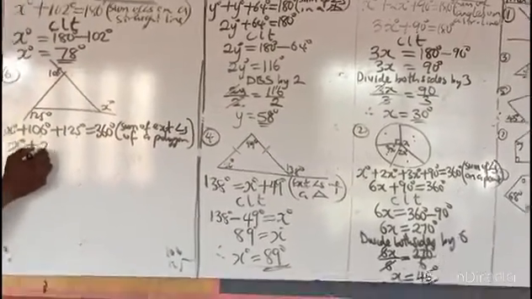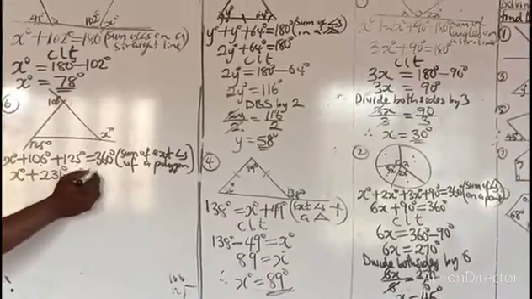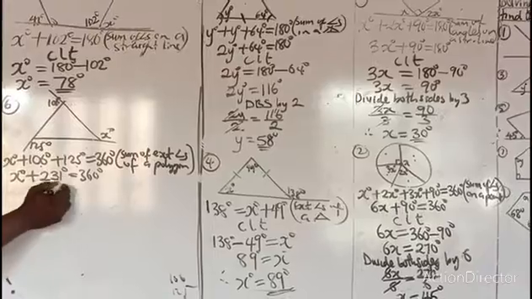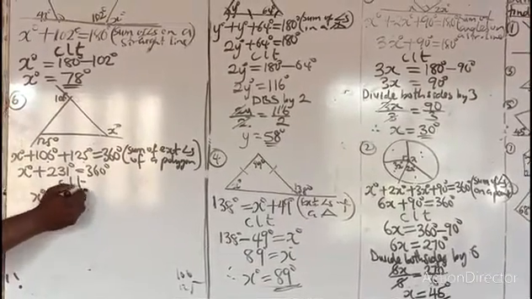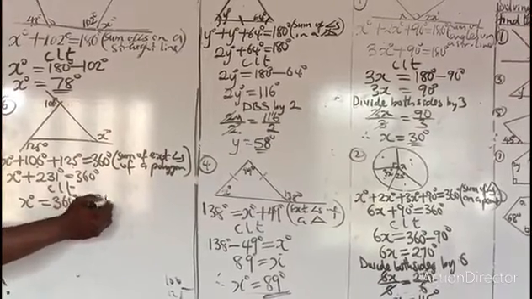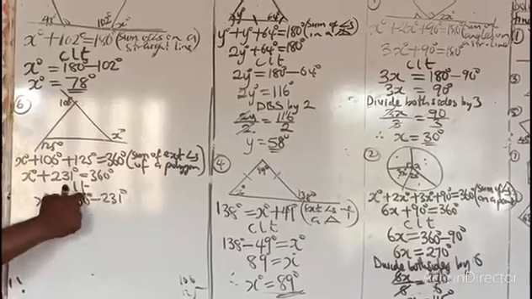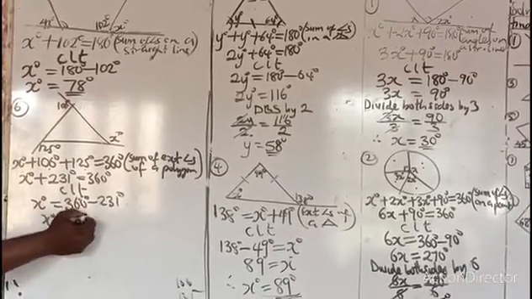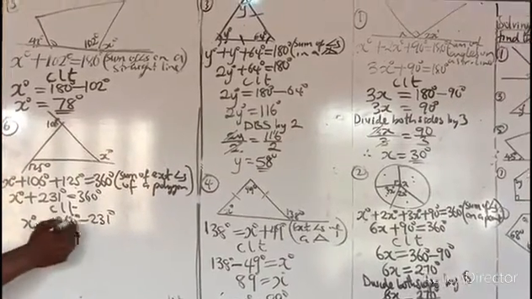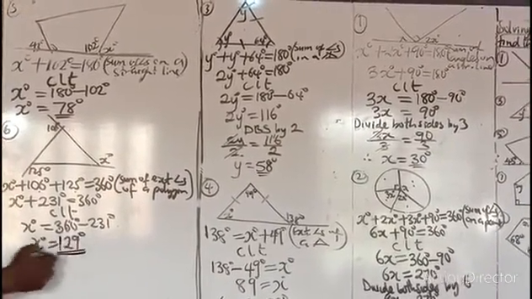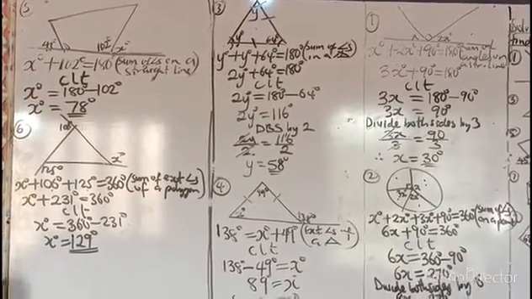You get 231 degree equals to 360 degree. So X degree equals to 360 degree minus 231 degree. 10 minus 1 is 9. 5 minus 3 is 2. Minus 1, so we have 129 degrees. Is that clear?